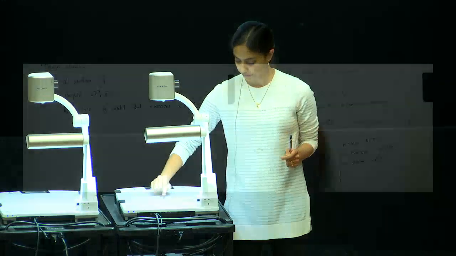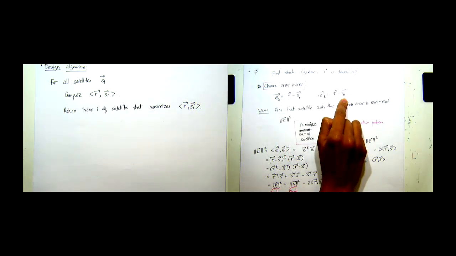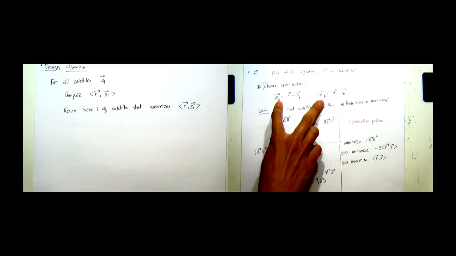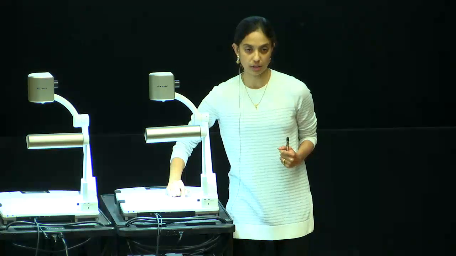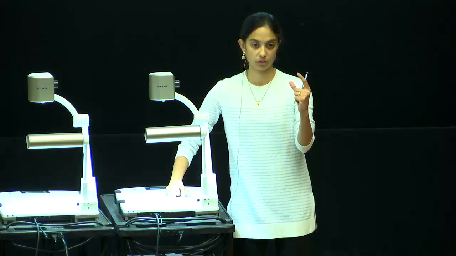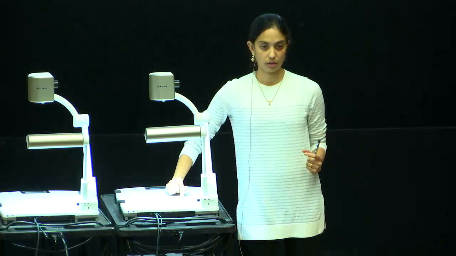Let's look at R minus SA and R minus SB. They give us these two error vectors, right? Let's say I had 24 satellites. I would have a list of 24 vectors. I want to find that satellite that is closest as a vector to my received vector.